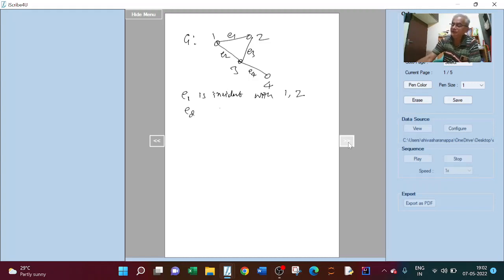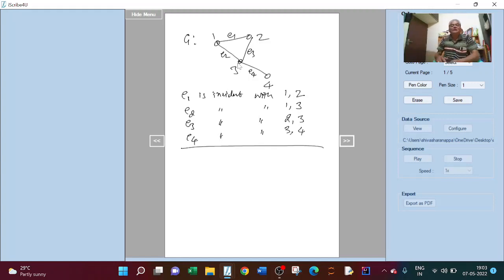E2 is incident with 1 and 3, because E2 is the line joining 1 and 3. Therefore, we say that E2 is incident with 1 and 3. E3 is incident with 2 and 3. E4 is incident with 3 and 4. Okay, this is about incidency. Incidency comes between a vertex and an edge.